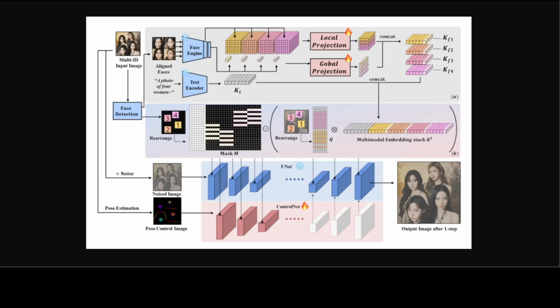And then this is primarily the architecture of this model, where it is actually from left to right doing face detection, aligning the faces, and doing a lot of stuff in terms of denoising. And then at the end, after passing through multiple layers, it is producing this image. Let me try to explain what is happening here.